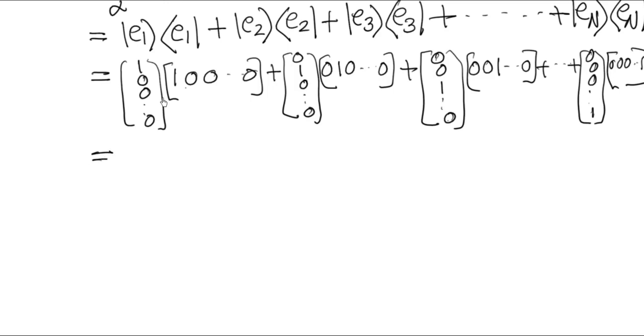And we can now multiply the matrices. You see the left matrix has one column and the right matrix has one row, so we can multiply the matrices.